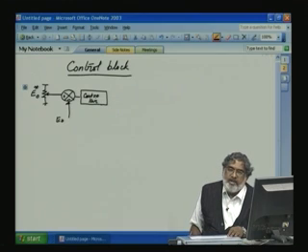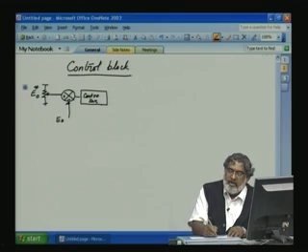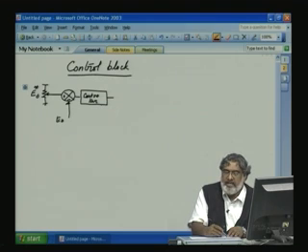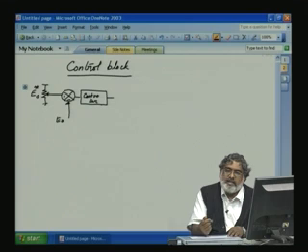So, what should the controller give? It should give the IS. Why? Because anytime E0 changes with respect to the reference value, that means there is a change in the capacitor voltage. That shows there is a change in the output load current.